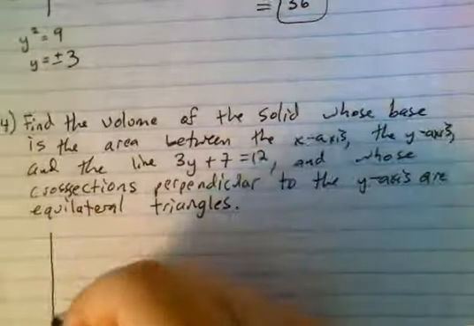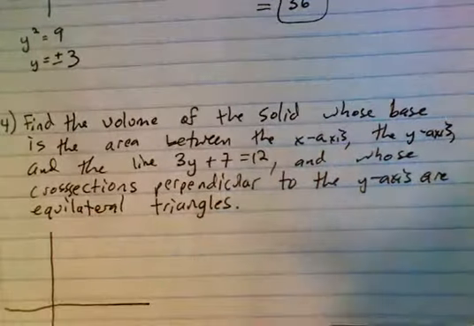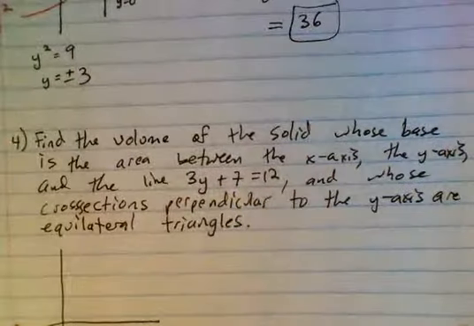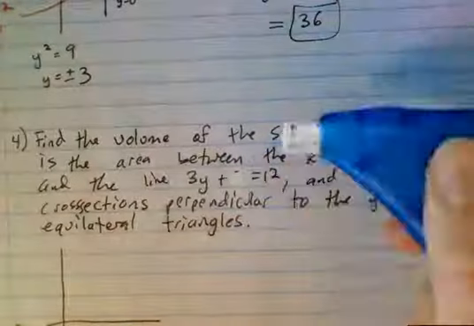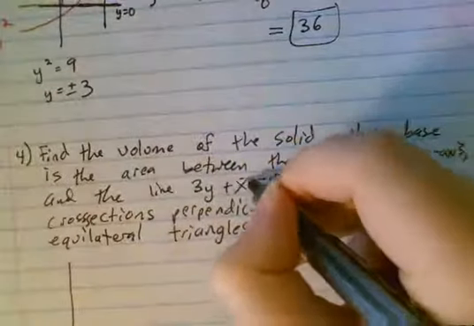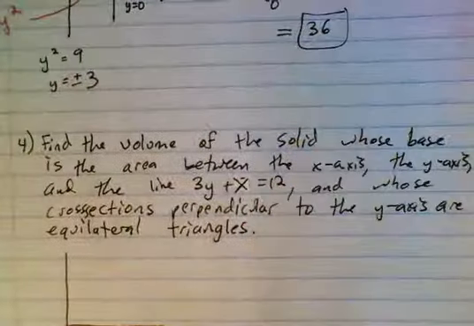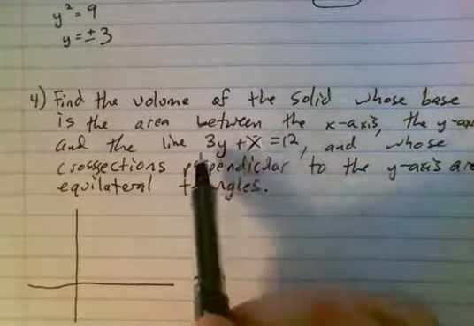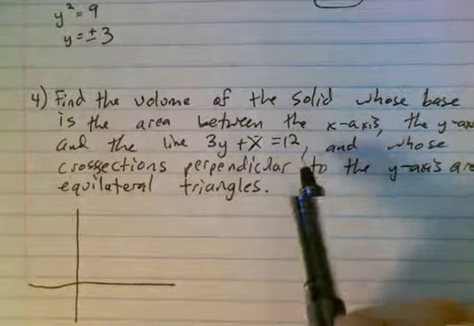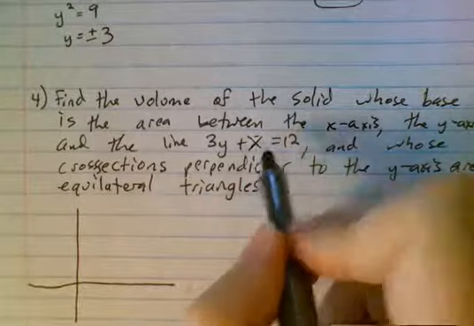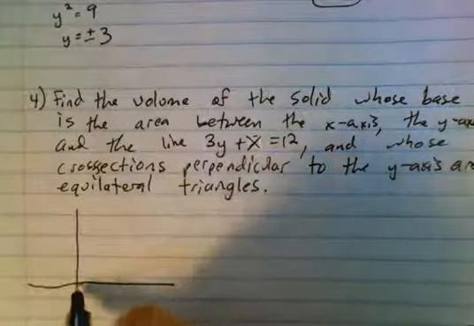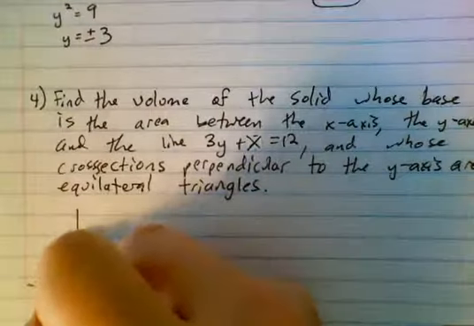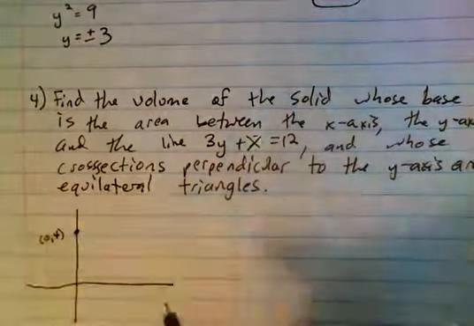So we start by drawing it. So I've got the x-axis and the y-axis. This should be 3y plus x, not 3y plus 7. And if you're not quite sure how to draw that line, you can either get y by itself or get x by itself, or you can just say when x is 0, y is going to be 12 divided by 3, or 4, so I'm going to have the point 0, 4 up here.